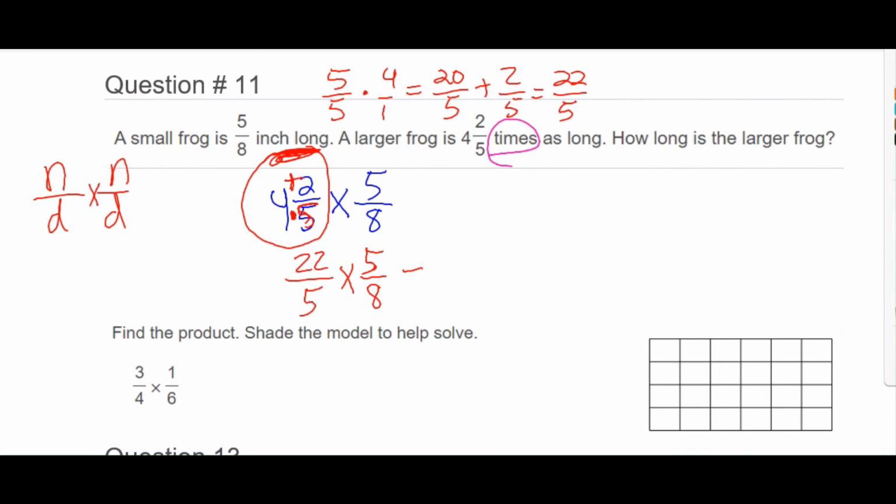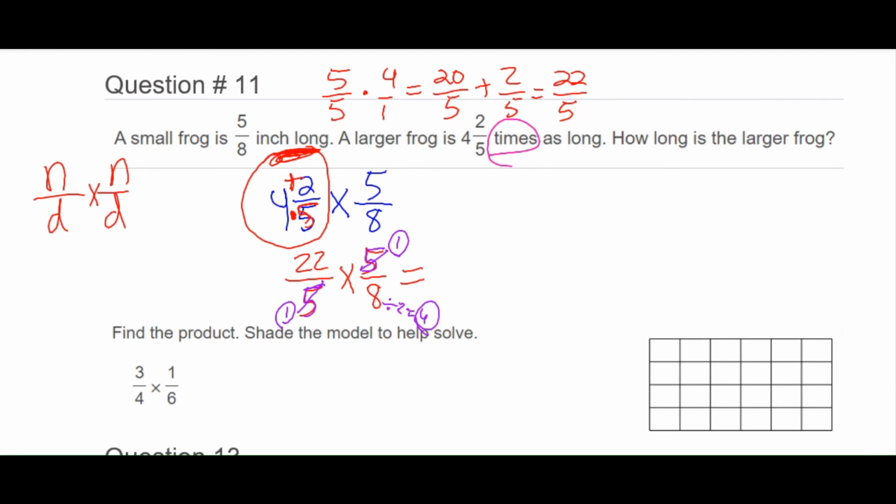Now I'm going to cross simplify here because I don't want to get a large number. So in order to cross simplify, I see that I have a 5 in the numerator and a 5 in the denominator. 5 divided by 5 equals 1, and 5 divided by 5 down here equals 1. So I had to divide both one numerator and one denominator by the same number. You can also cross simplify the other way because 22 and 8 are even numbers. They are both divisible by 2. So I can say 8 divided by 2 equals 4.